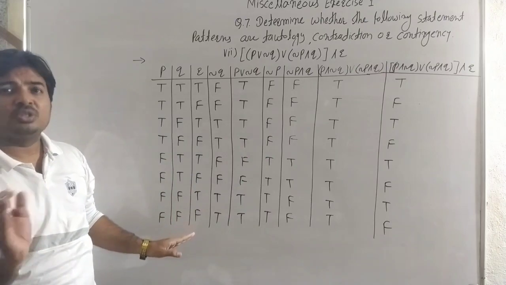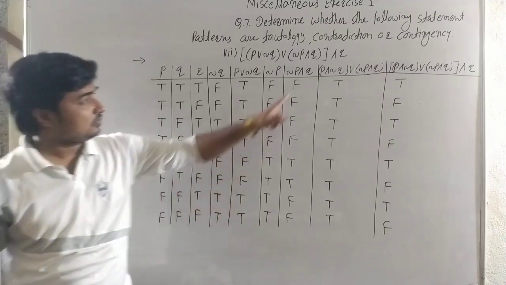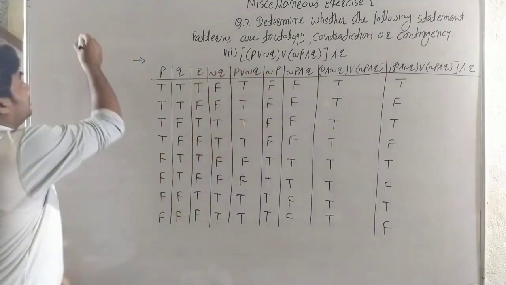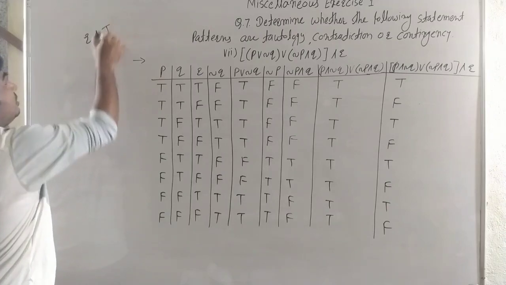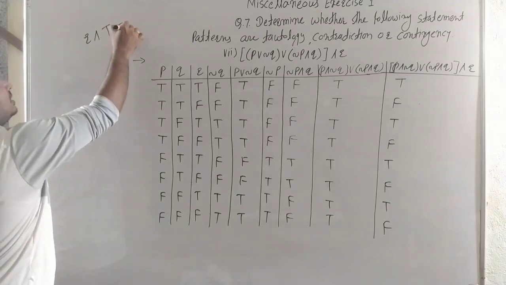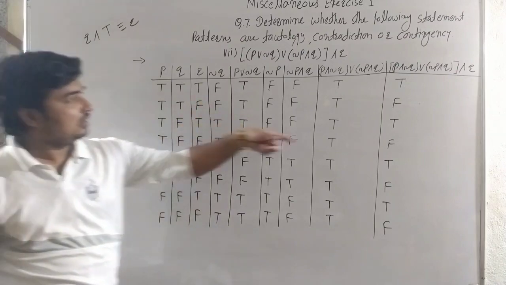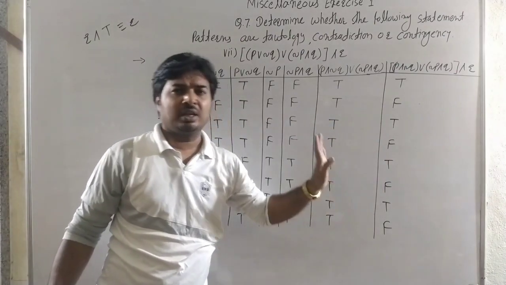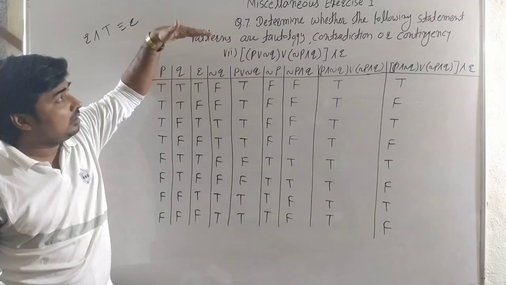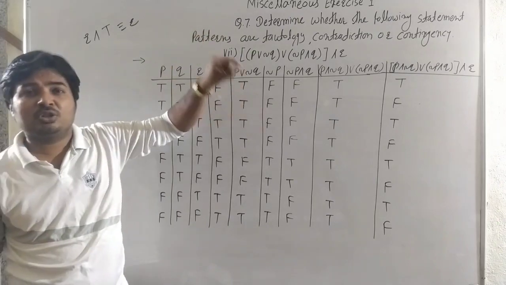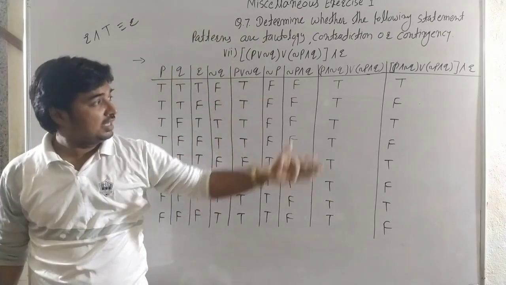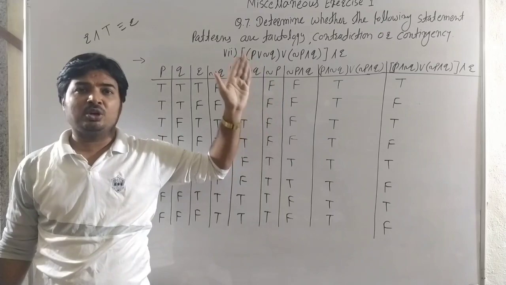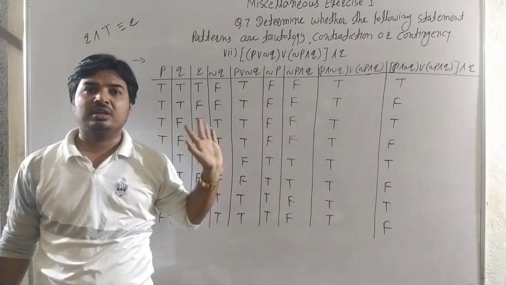Here we see the algebra of the statement. It is a tautology and R, that means R and true, which is the statement itself. That means it is the R statement. But here we determine whether it is a tautology, contradiction, or contingency, and here it is neither a tautology nor a contradiction, so it is a contingency.